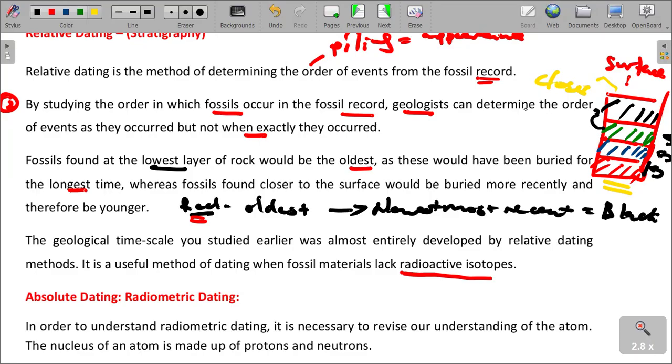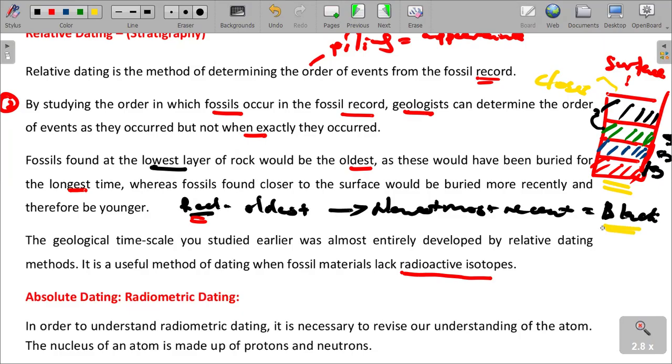This shows that the fossils found closer to the surface would have been buried more recently, so the newest or most recent is the black, according to the illustration. That is relative dating.